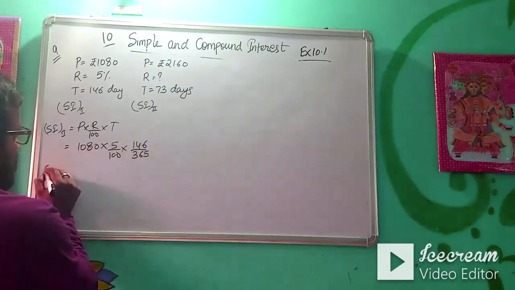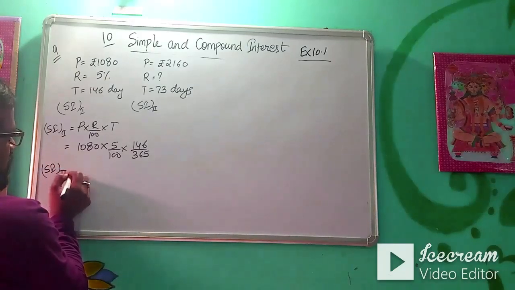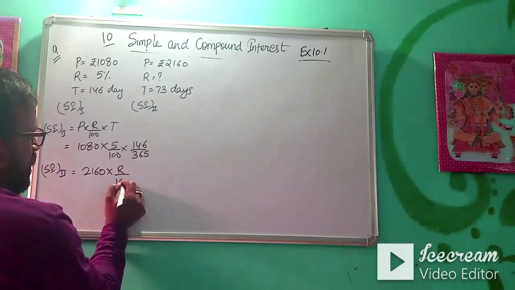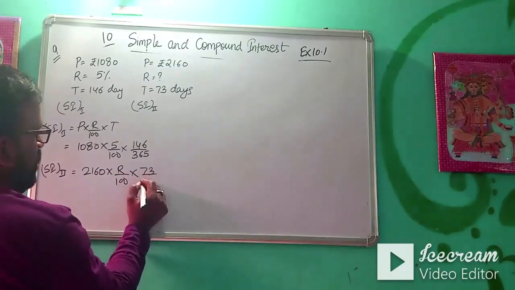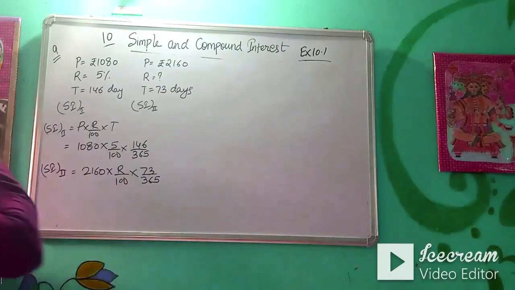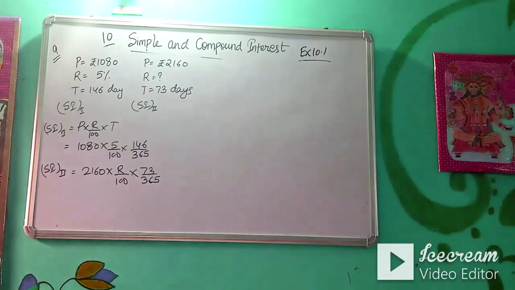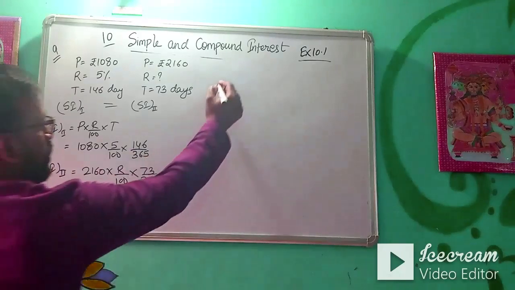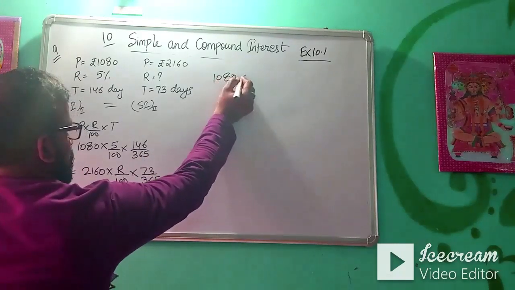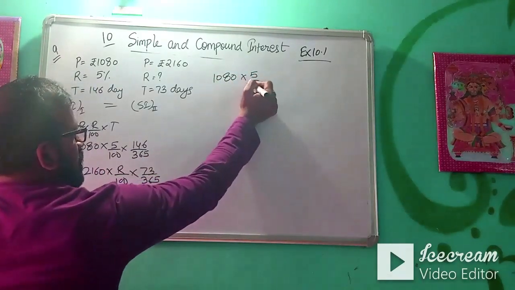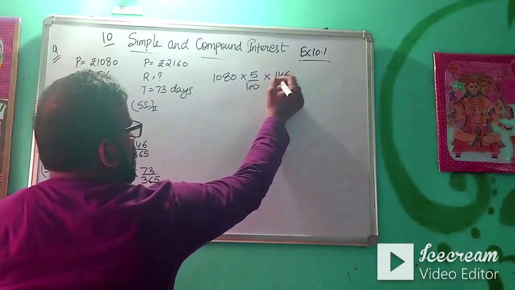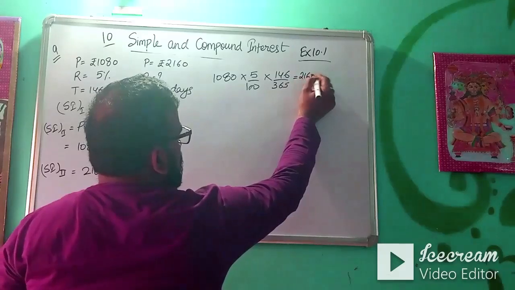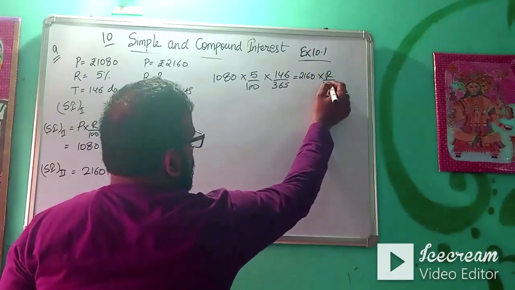Then we will calculate the second simple interest: 2160, the rate we have to calculate, and here also we will convert the time into years. Now since it is given that these two are equal to each other, we will compare these two equations like this. Okay, this is 1 and this is 2.